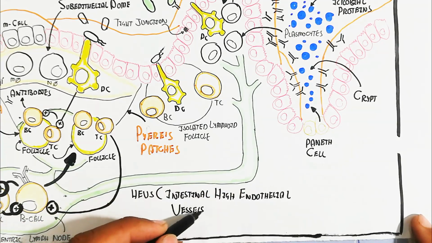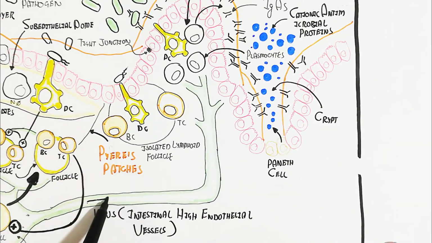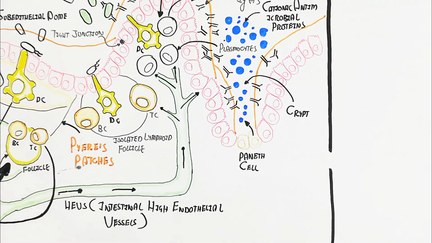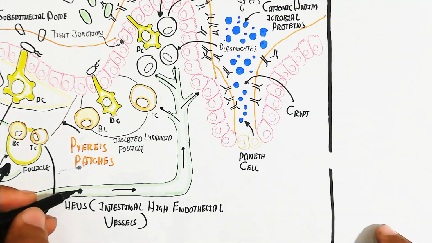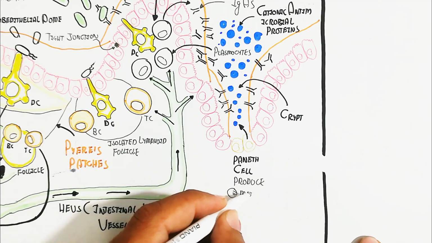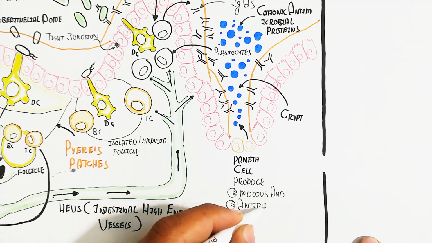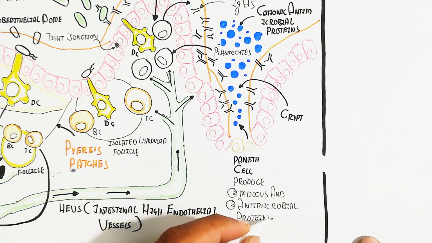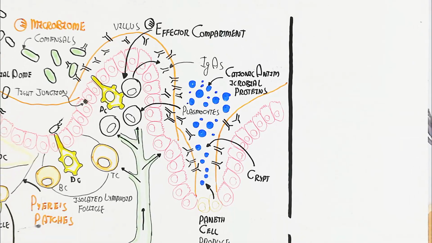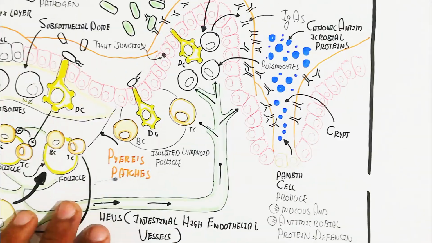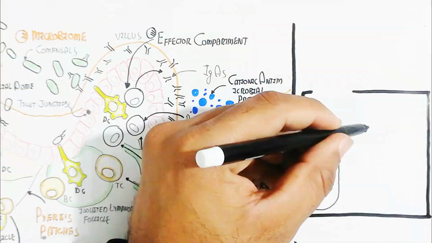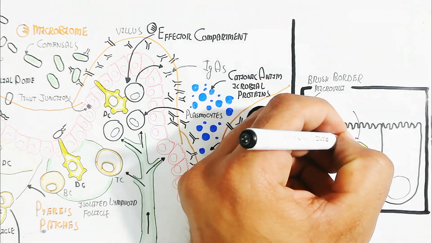So it comes from the dendritic cell to the B memory cell and plasmocyte, and in this way it will go into the intestinal high endothelial vessel, come from the mesenteric lymph node to the lamina propria, and in this way it will produce a lot of plasmocytes, which is the effector compartment, to produce the antibodies against the pathogen. Anyhow, this is the crypt and the Paneth cell is used for mucus production, antimicrobial protein and defensin.